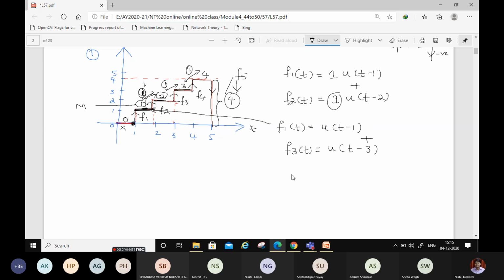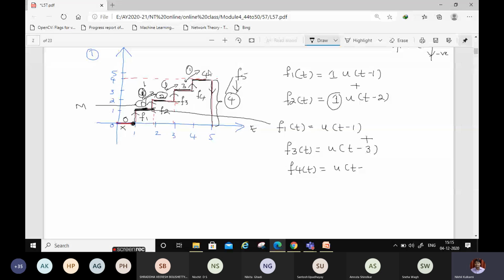Then if you come to f4, here is the magnitude. So f4 of t will be again, what is the change in magnitude? Magnitude is 4, change is 1.